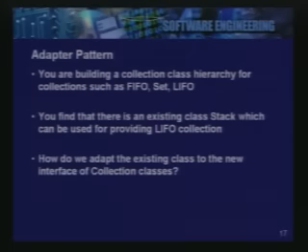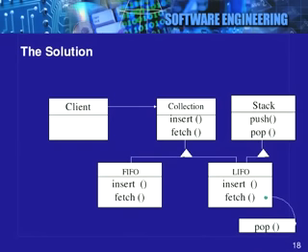Now you find that there is already an existing class called stack, which can be used for providing the LIFO collection. So how do you adapt the existing class stack to the new interface of the collection classes? This slide shows our solution. Firstly, look at the collection class hierarchy.